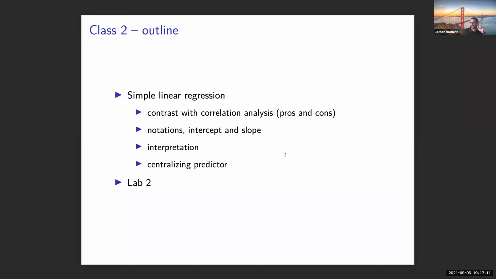We have talked about the intercept and slope in very broad strokes. Today we're going to dig a little deeper into what intercept and slopes and the other components actually mean. We will also talk about the interpretation of regression analysis, and the centralization of predictors.